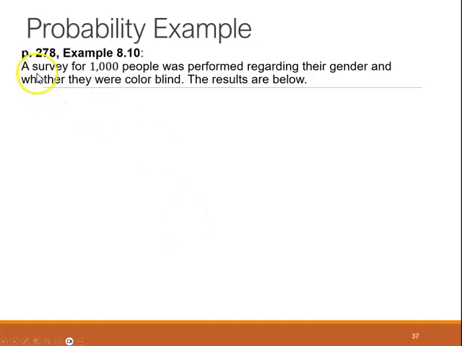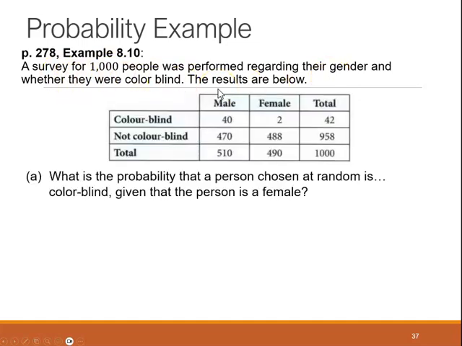Another example, a survey of 1,000 people is performed regarding their gender and whether they were colorblind. The results are below. What is the probability that a person chosen at random is colorblind given that the person is female?